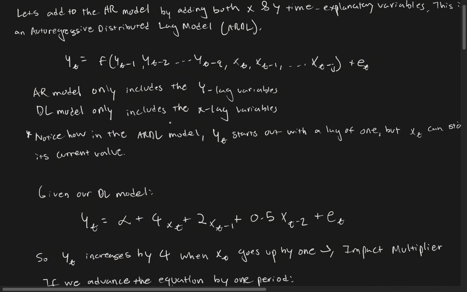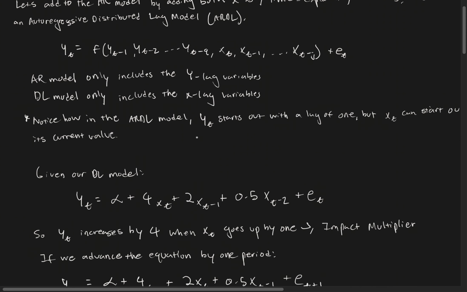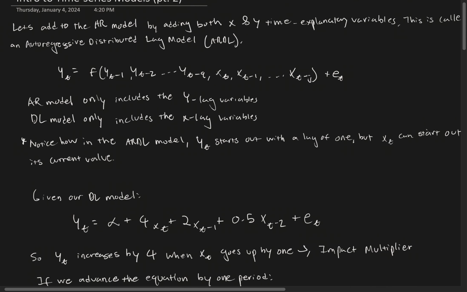If you haven't realized by now, the AR model will only include the y lag variables, and the distributed lag model will only include the explanatory lag variables. Notice how in the ARDL model the y starts out with a lag of 1, but the x variable doesn't do that.